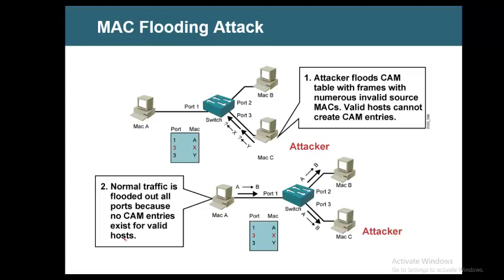You can directly forward the packet to that destination. So switches are more clever because they know who is connected where using the MAC address. But it cannot learn unlimited number of MAC addresses. There is a capacity, there is a limit.